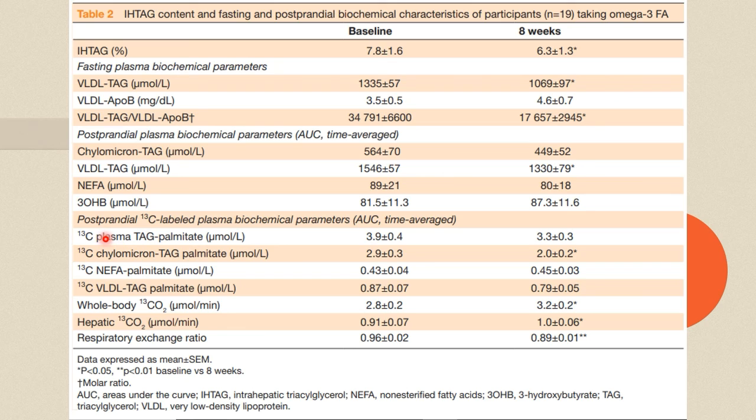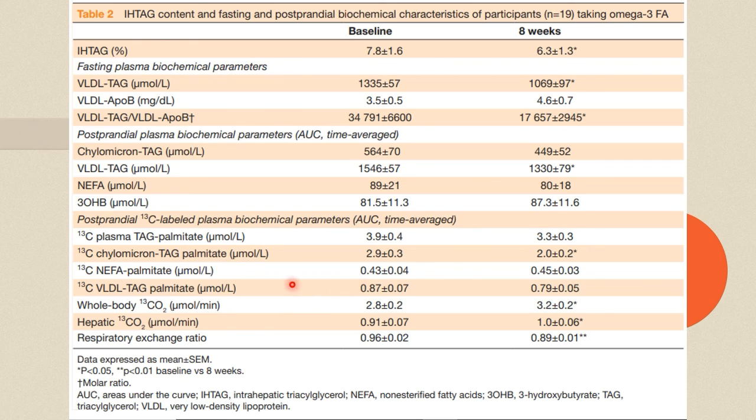And then lastly is the postprandial C-label plasma biochemical parameter. This C-label here means that this one is the in vitro studies. I have mentioned earlier that this study uses in vivo and in vitro. So this one is the in vitro studies that uses a human liver cell that is undertaken to gain insight into the intrahepatocellular effects of the omega-3 fatty acid.